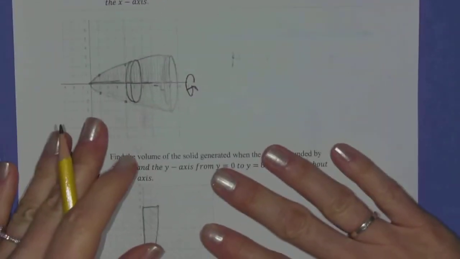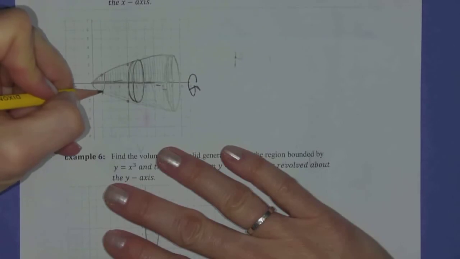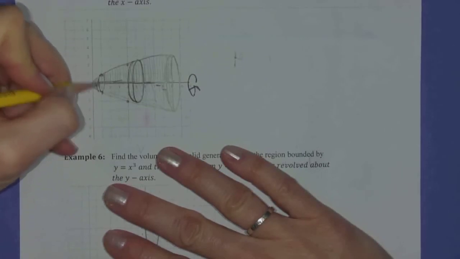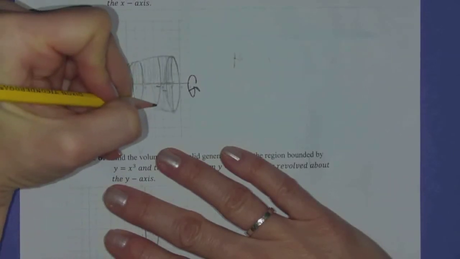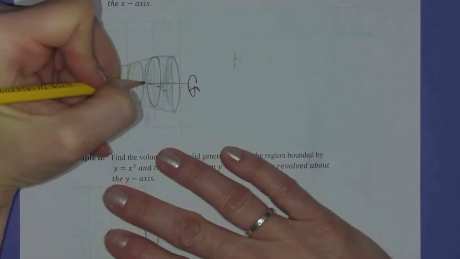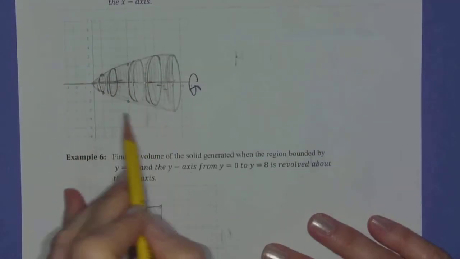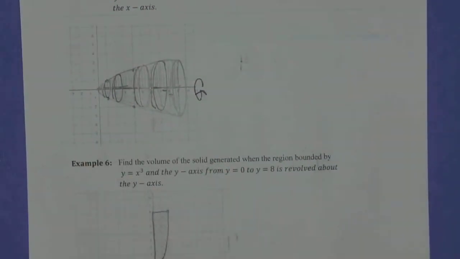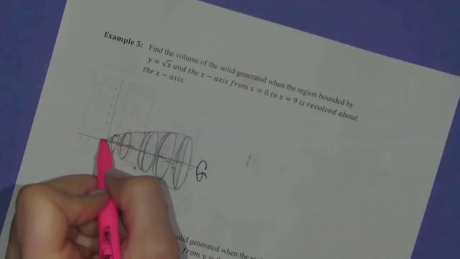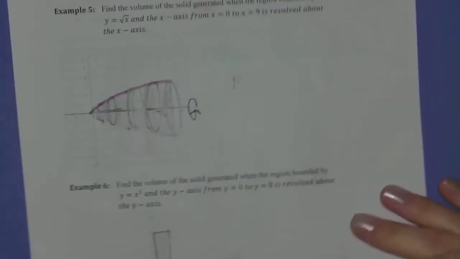Okay, now again, you're going to have a bunch of these. Little ones, medium-sized ones, large ones. It depends on where you are, but they're going to change and grow and ebb and flow with the contour of this top function.